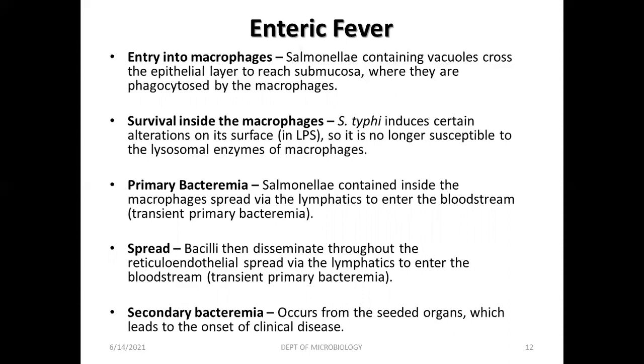These Salmonella-containing vacuoles cross the epithelial layer and try to reach the submucosa, where the vacuoles having the Salmonella get phagocytosed by the macrophages present in this area. Okay, now starts the stage of Salmonella typhi inside the vacuoles, and these vacuoles are now inside the macrophages. From here, the survival of Salmonella inside the macrophages starts.